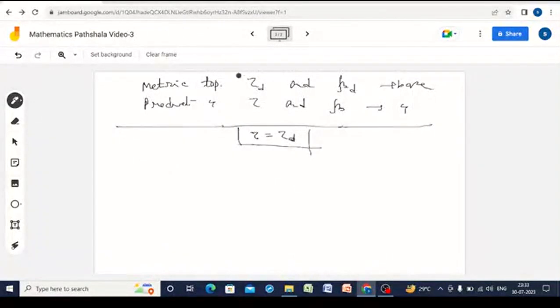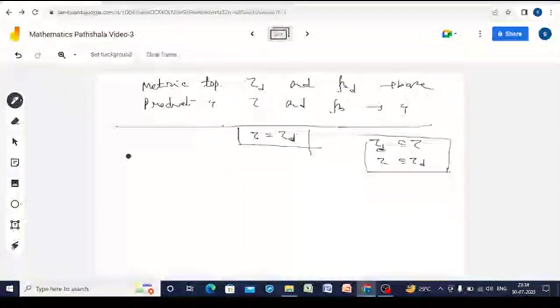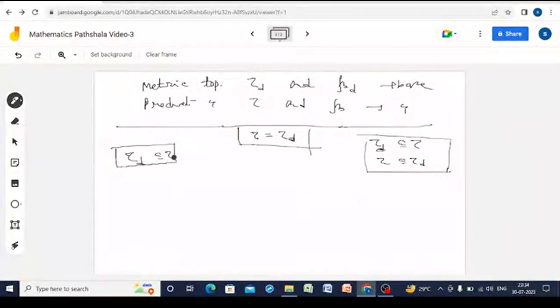So to show tau equal to tau d, we first show that tau d subset of tau, and then we show that tau subset of tau d, then it will be equal. So first, to show tau d subset of tau, we need to take a basic open set in the product topology tau.